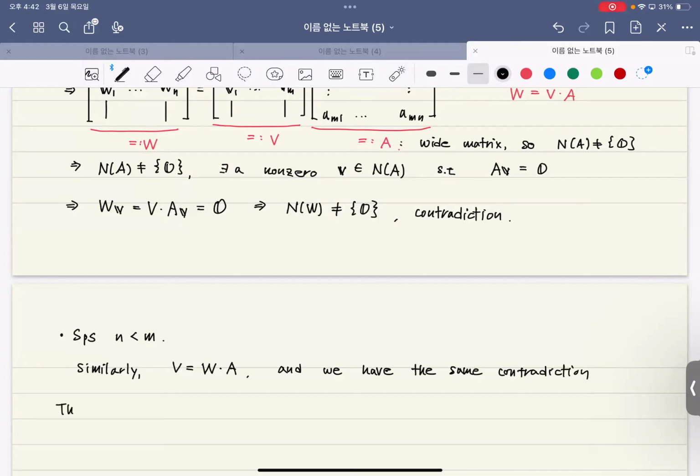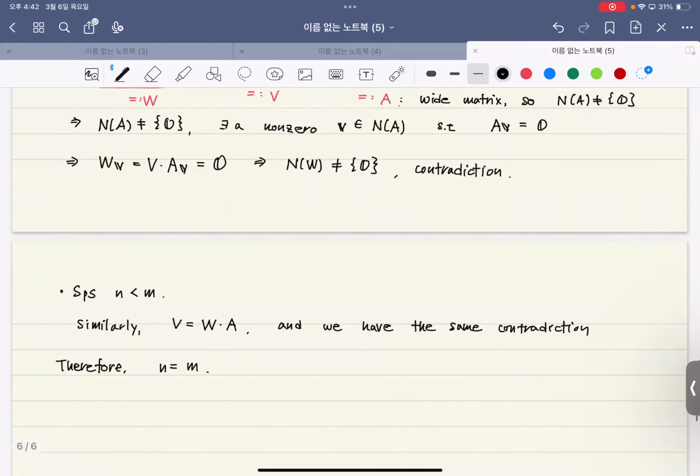So therefore, n must be m. So in other words, this is an invariant.